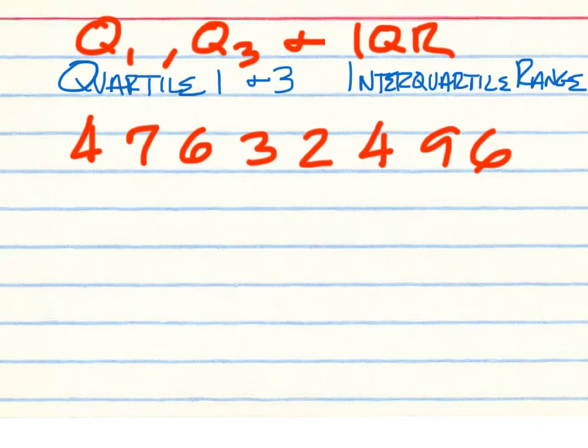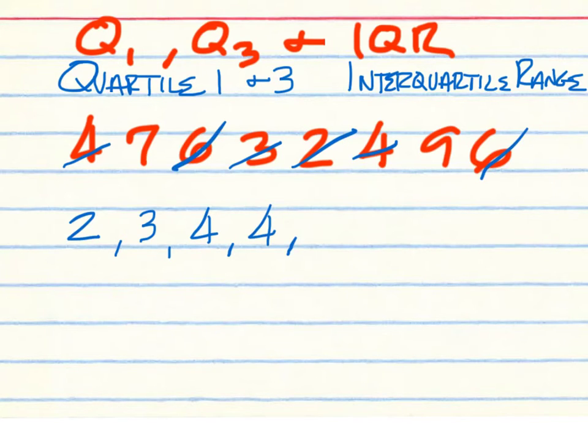Step 1 is to put the list in order from least to greatest. So we'll start out with 2, and then we have a 3 and 2 4s. And then we'll go to 6 and 6, and then 7 and 9.